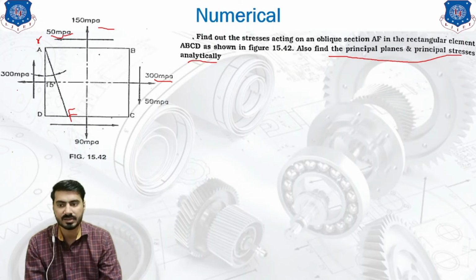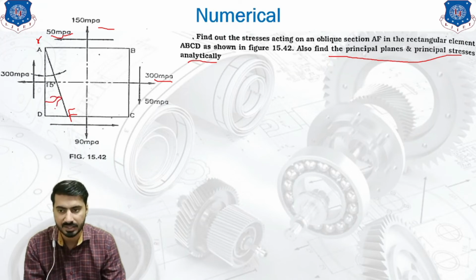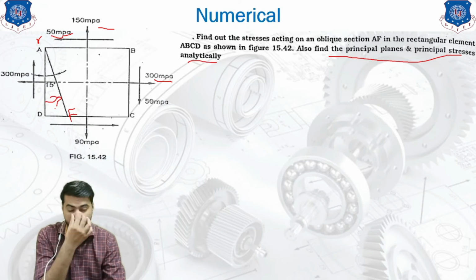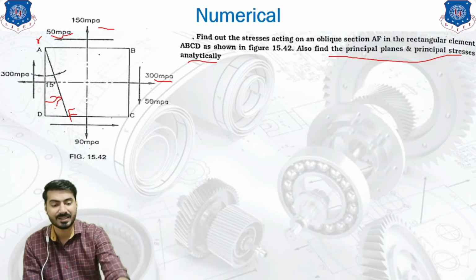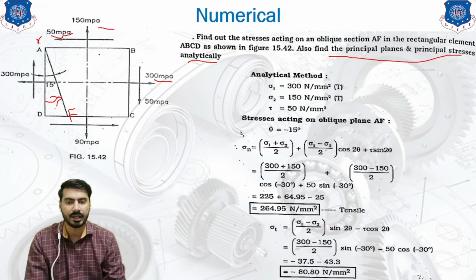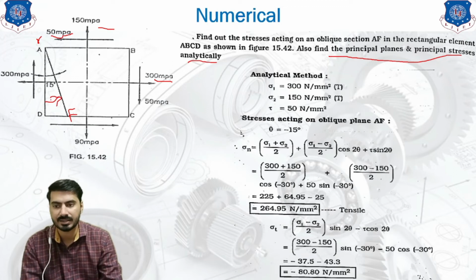Now this is our reference, and from the reference the angle of 15 degrees is measured, as provided in our diagram. We will apply the sign convention to that, and as this angle is measured in the anti-clockwise direction from the reference vertical, it is considered as minus 15 degrees.